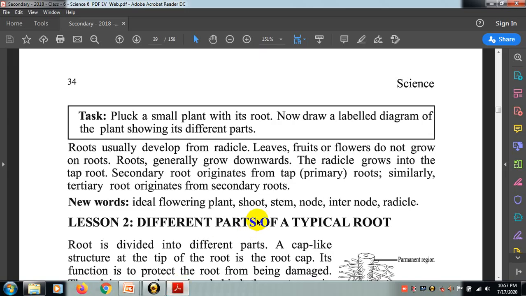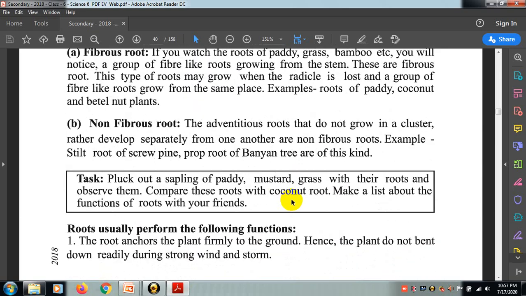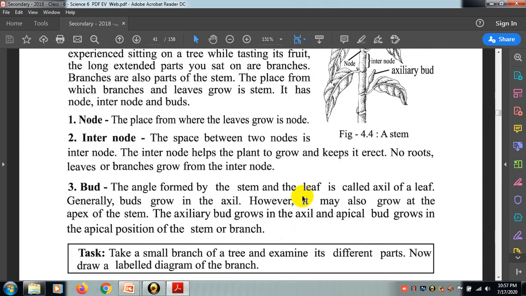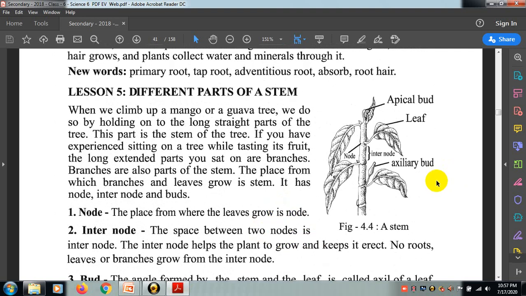we will see more things about the stem. Okay, so just see these pictures. This is the upper portion of the plant, the apical bud, this is the leaf, these are auxiliary buds, and the full portion from here to here we can say is the stem.